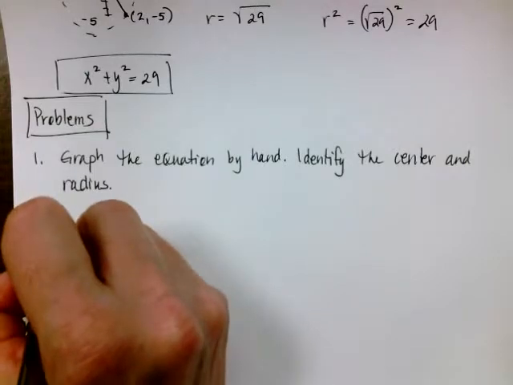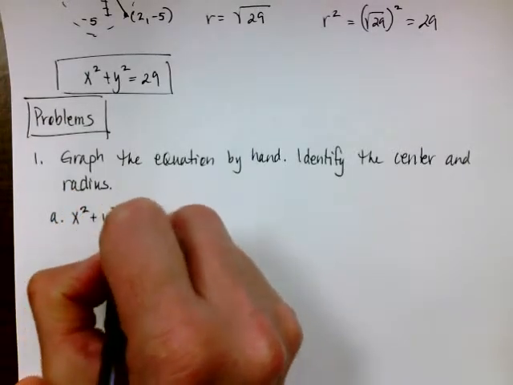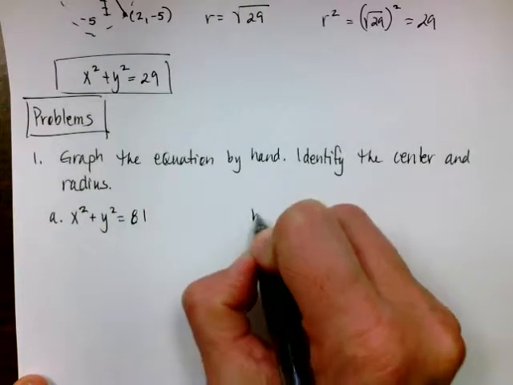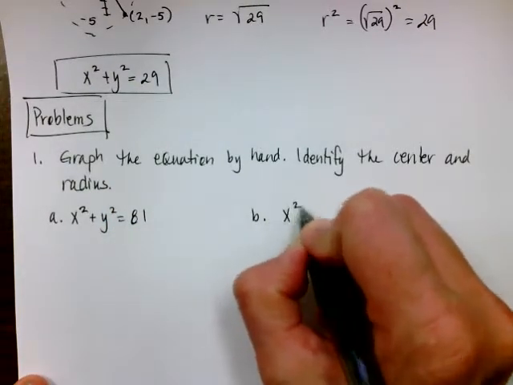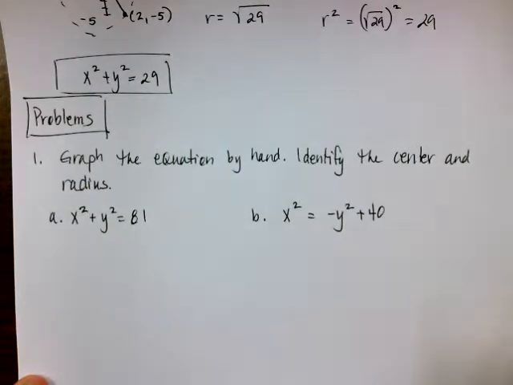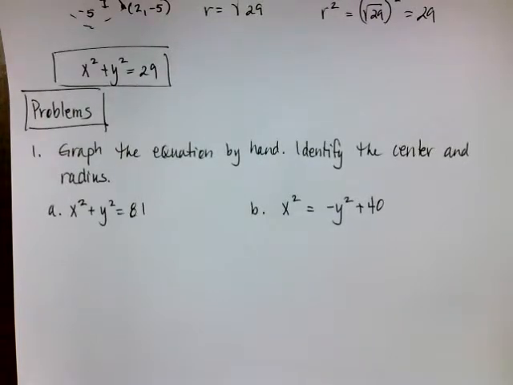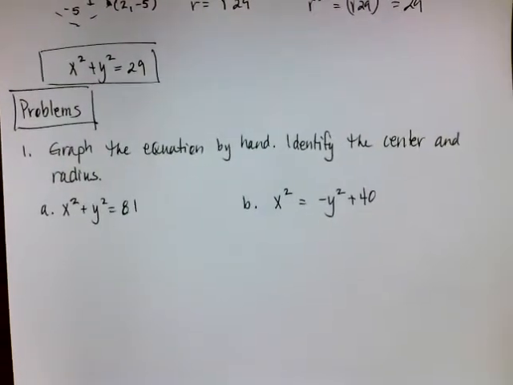For number A, you have x squared plus y squared is 81. Your second one is x squared equals negative y squared plus 40. Also remember that anytime you get a radical for an answer, leave it in radical form, but always simplify your radical.